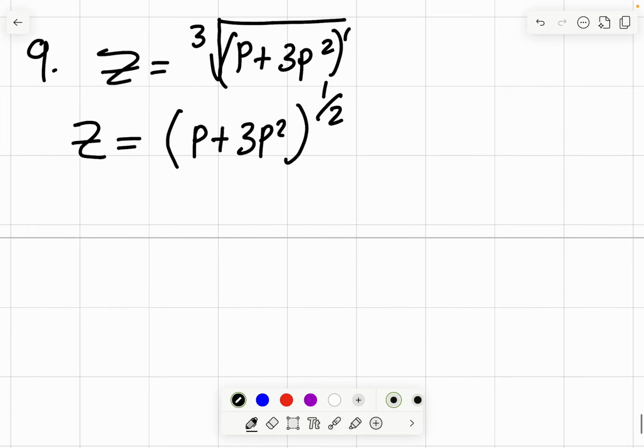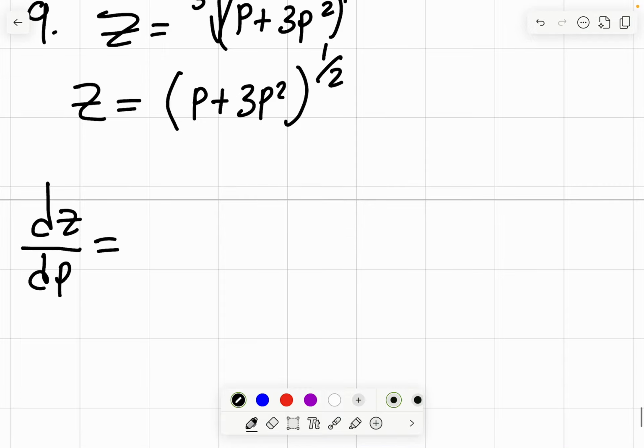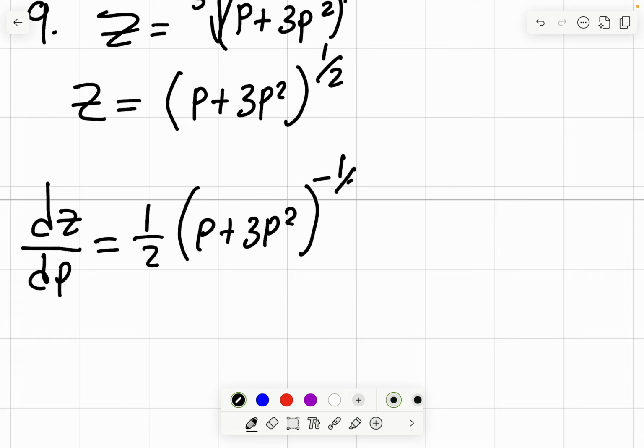So I'm going to derive z with respect to p. I drop the half, I keep the function, I subtract 1, I remain with negative 1 over 2. I multiply by the derivative of whatever is inside, which is 1 plus 6p.